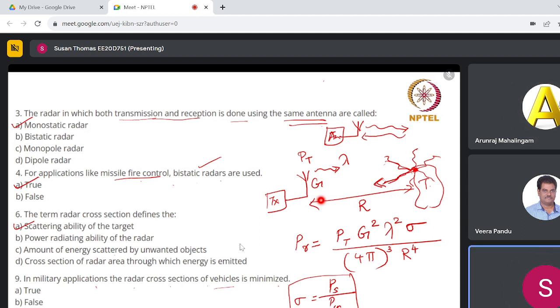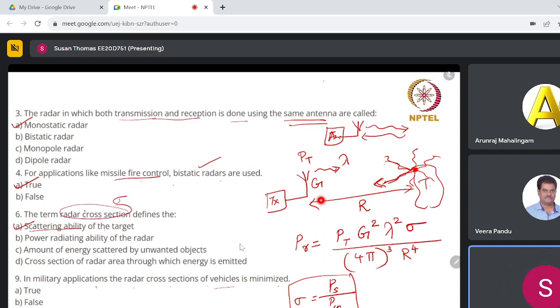Okay, let me tell you what I spoke in the previous question. I spoke about the scattering ability. Radar cross section is nothing but the scattering ability. If something is scattered from the target, that is denoted by sigma.